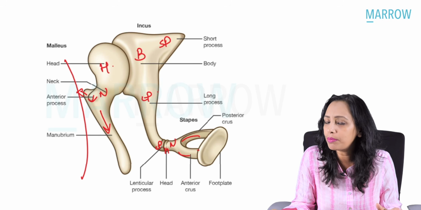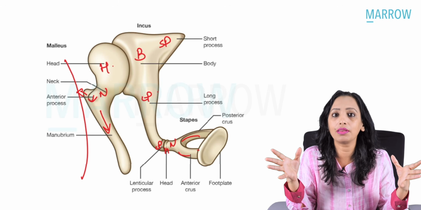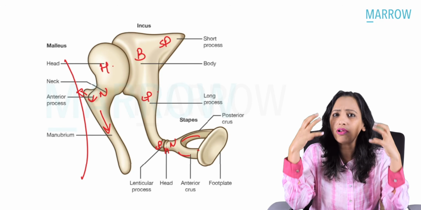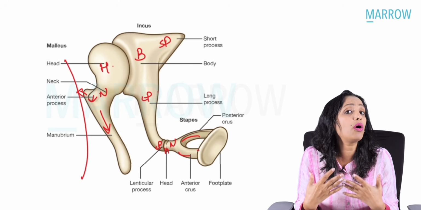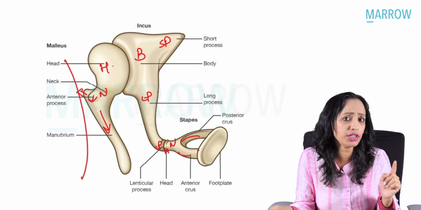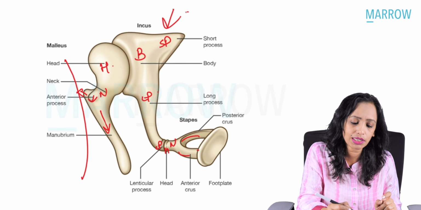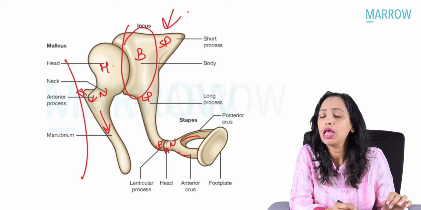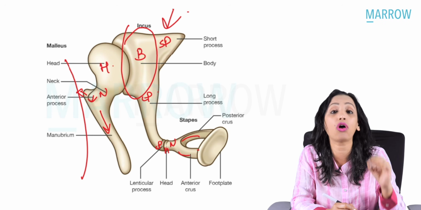Now, always remember that these processes are like limbs, like hands. So, do the limbs ever arise from the head area? No. Limbs always arise from the body. Which means that if you are seeing some processes coming from the upper part of some ossicle, it means that that part of the ossicle is not the head.